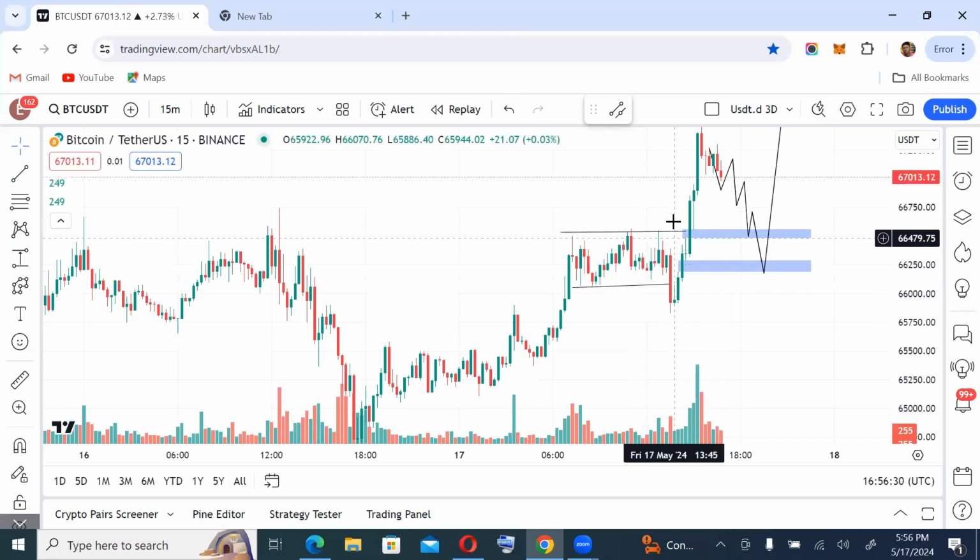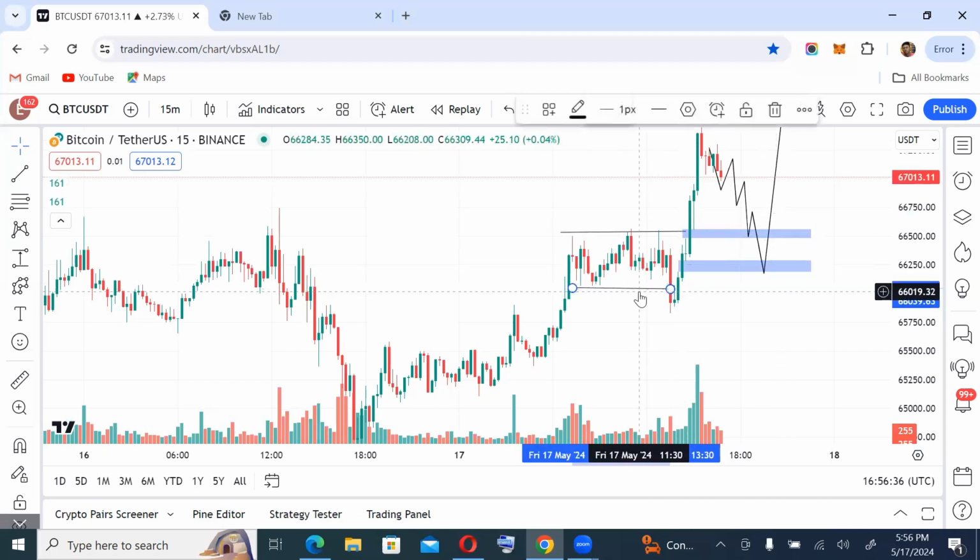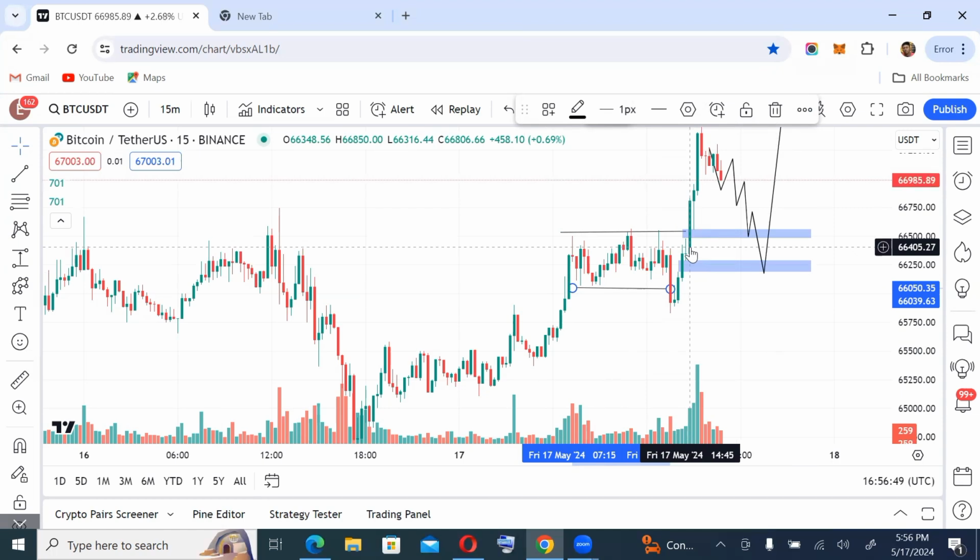Don't do this trading technique or strategy in a downtrend. Wait for the sell side to be swept, which is at the bottom here. Wait for this bottom to be swept first, and wait for the top range to be swept. All right, that's basically just how to find your way around this schematic.